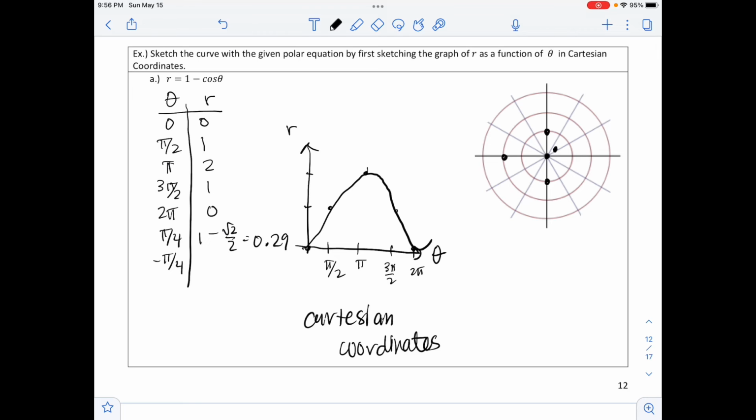And then likewise with negative pi over 4, we have 1 minus rad 2 over 2, which is again 0.29. And so what this is going to make, connecting these, and so this shape that we have, we see very often in many applications, and this is called a cardioid. And again, this is our polar coordinate system.